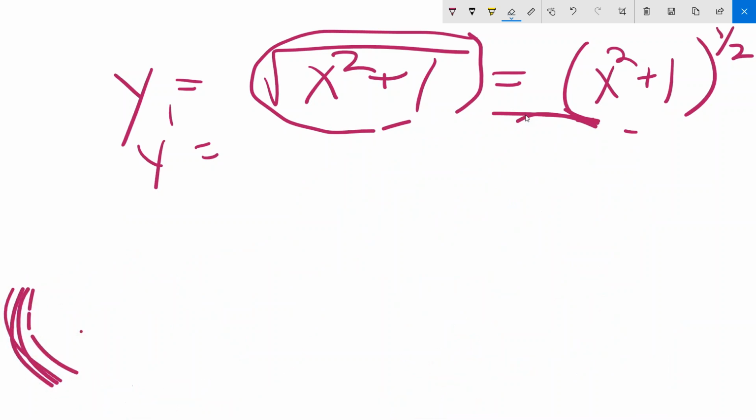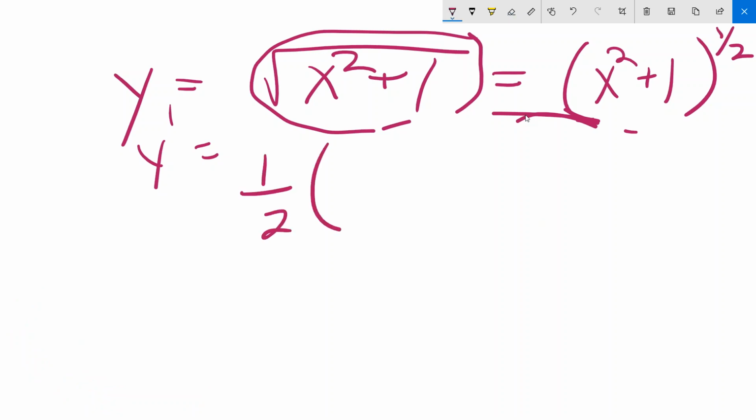That's all I always want to be thinking. 1/2 times x squared plus 1 plus... Oh, hold on. What do you have to do to the exponent? Oh, that's right. It's the exponent minus 1. Okay, yeah, minus 1. So the negative 1/2. Okay.